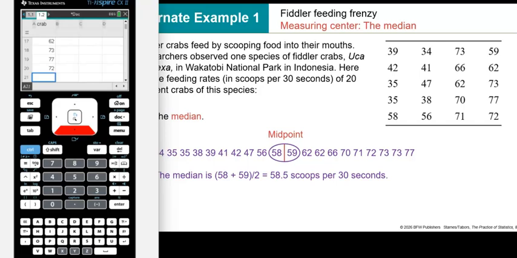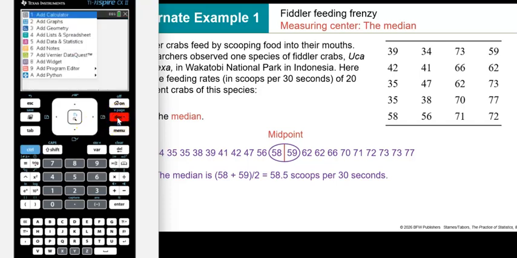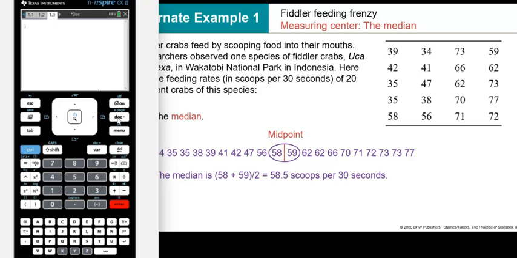I always like to check that I typed the right number. It does say 20 right there. Make sure your cursor is out of that cell. I like to add a calculator page at this point, not a scratchpad, but Control Doc, add calculator, because those pages will talk to each other.